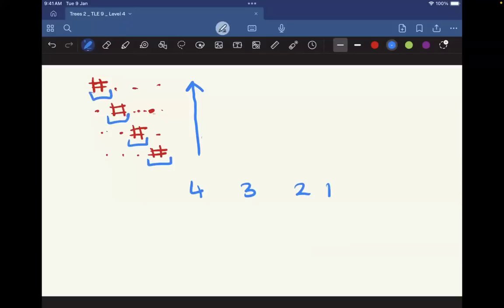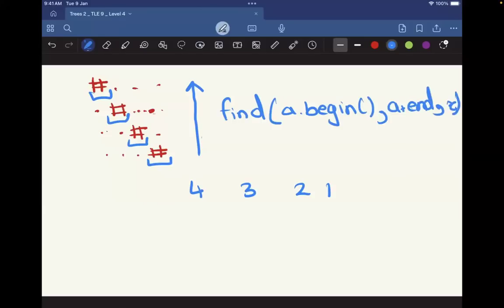All right. So first of all, since here it is 4, we could have taken input as a vector and just printed it. But there is a much simpler way to do this. So guys, in C++, if you pass a vector and an element to the find function, like find(a.begin(), a.end(), x), where x is the element you want to search, this will return an iterator to where that particular element is, or it will return a.end().